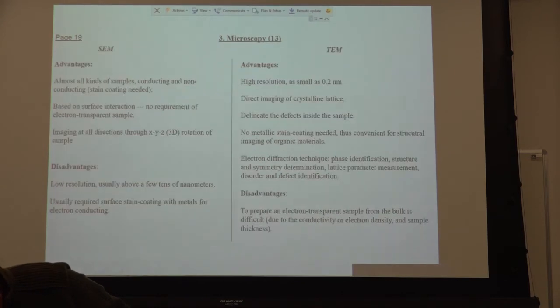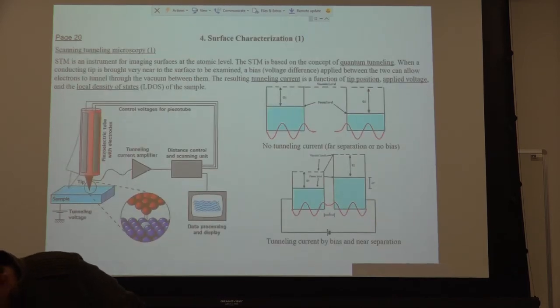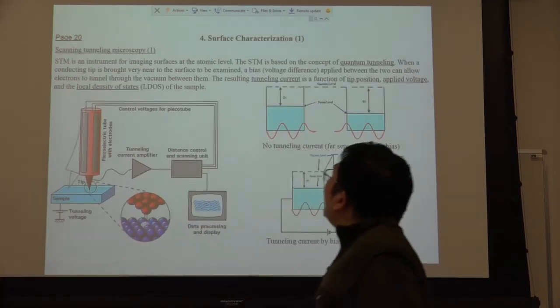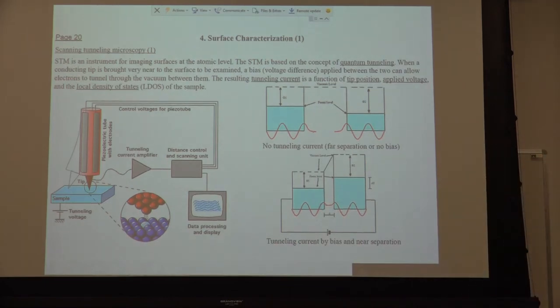So today I talk about surface characterization techniques. There are two kinds of surface characterization technique. One is called scanning tunneling microscopy. This is a very interesting technique. Another is called atomic force microscopy.